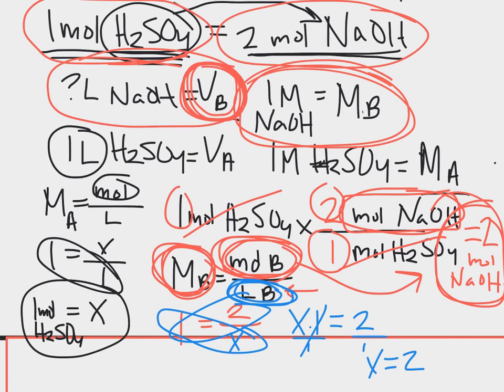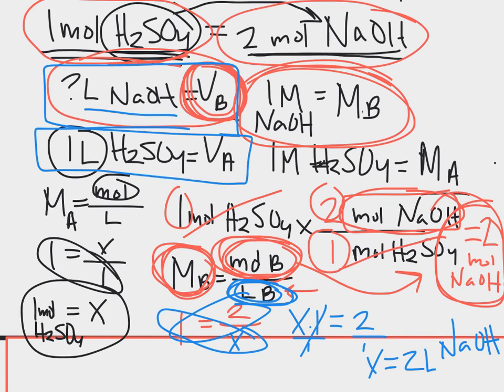So that means when I was solving, liters of base is liters of sodium hydroxide. So I finally figured out what I needed. Holy smokes. I need 2 liters of sodium hydroxide for every 1 liter of sulfuric acid if they both happen to be a 1 molar solution.